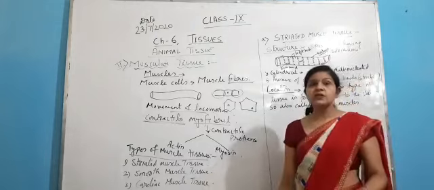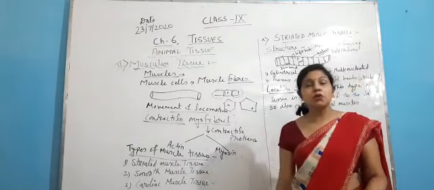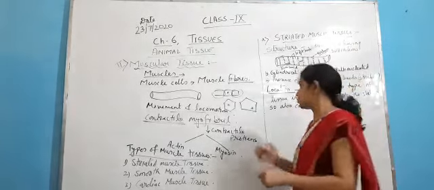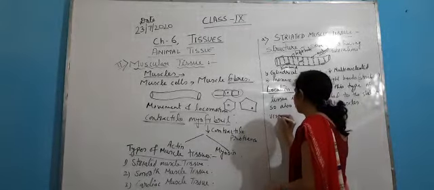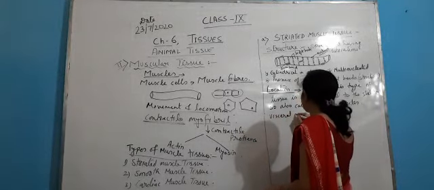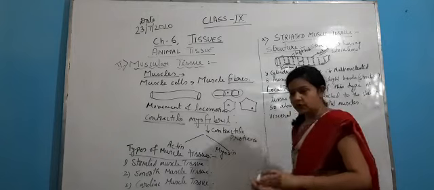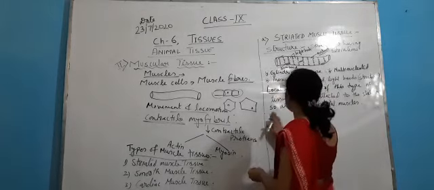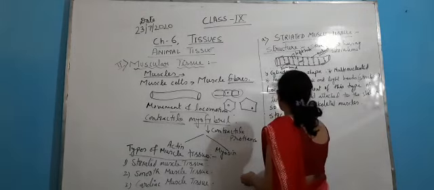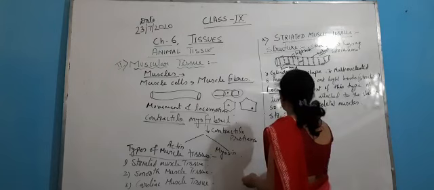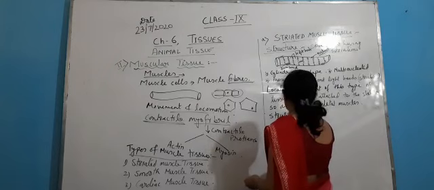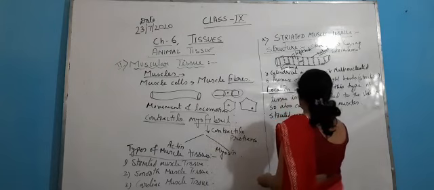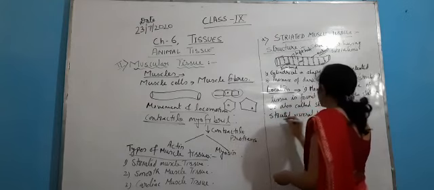Although another type of striated muscle tissue is also present, that is called visceral muscle tissue.